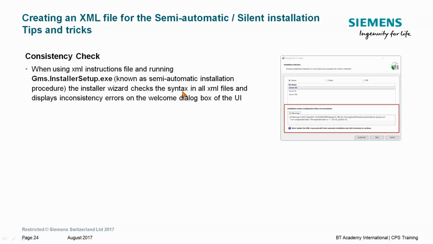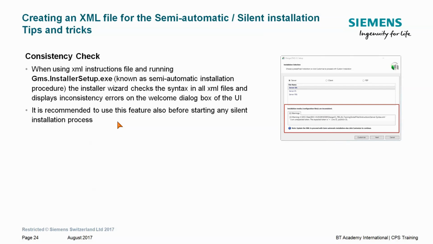If there are syntax issues, they will be displayed as a warning. So very helpful. And it is recommended to use this feature also before starting any silent installation process. So at least you would know if there is any syntax issue in those specific XML instructions files.